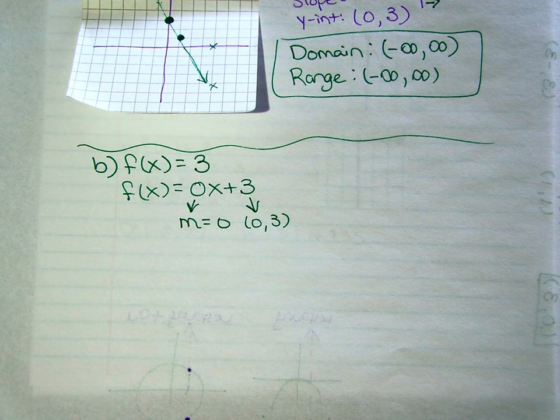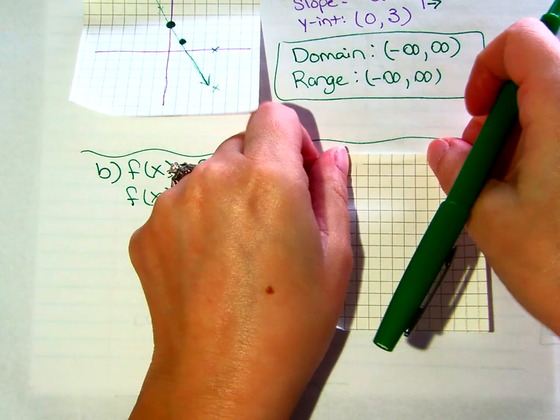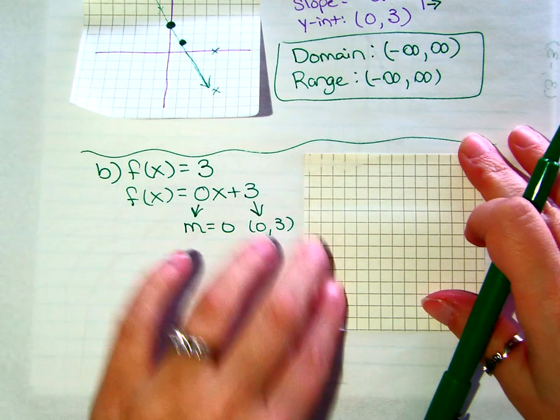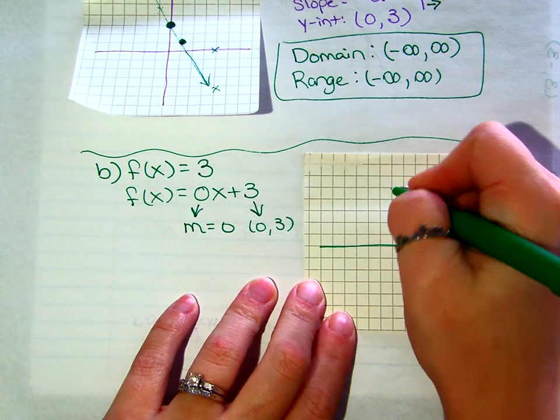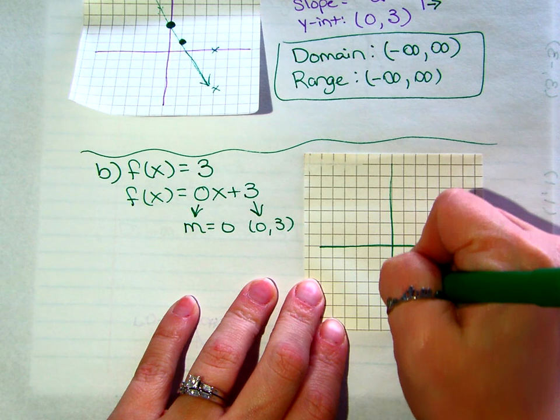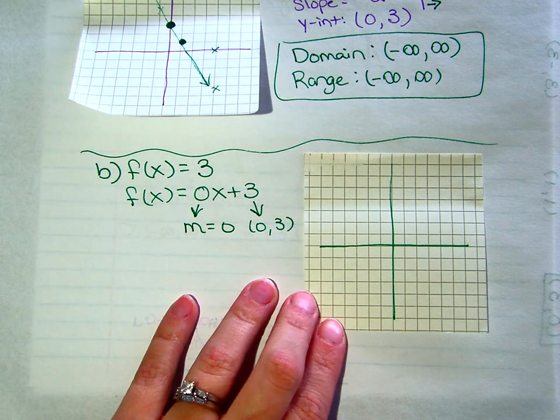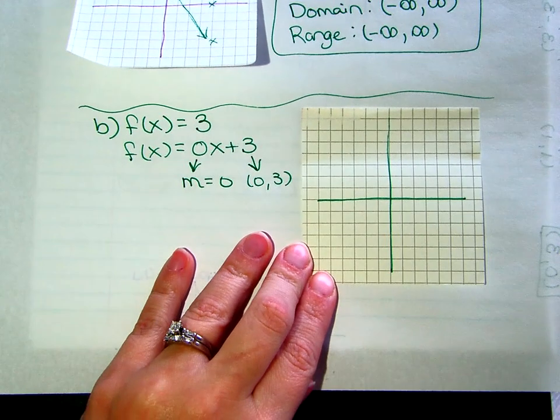Back in Math 20, we talked about there's a special kind of line that has 0 as its slope. Does anybody remember what kind of line that is? Horizontal.